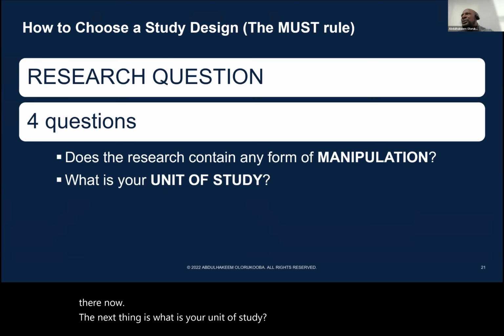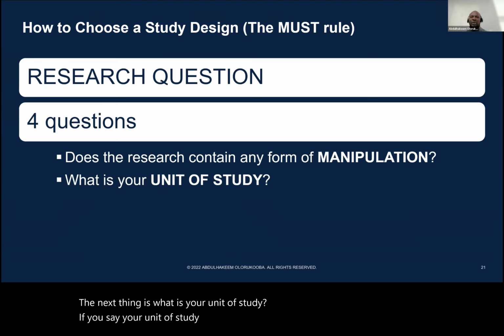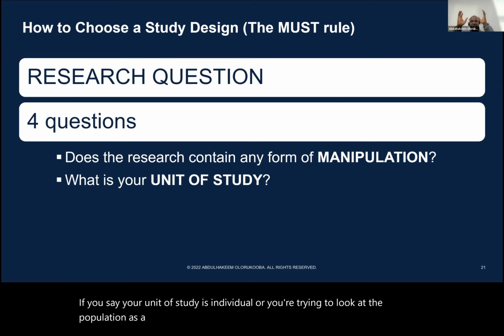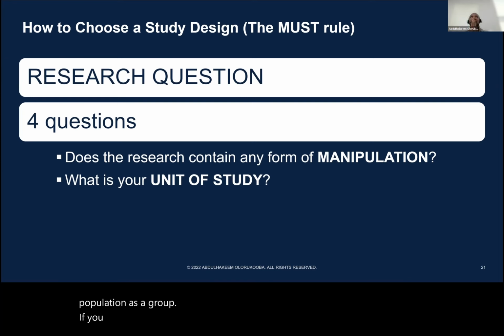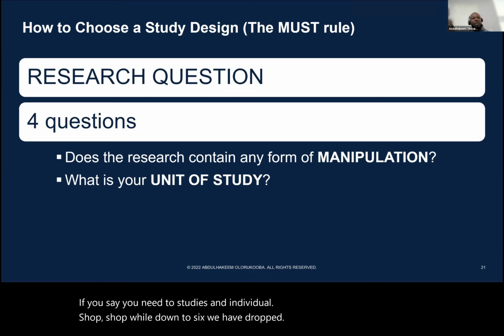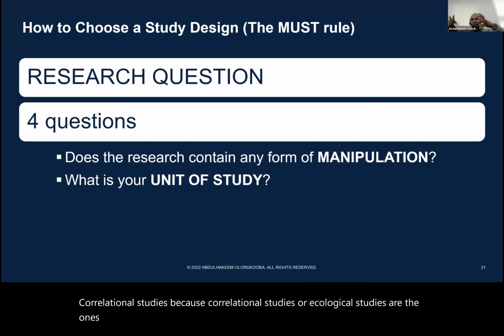If you say your unit of study is an individual, or you are trying to look at a population as a group, if you say your unit of study is an individual, sharp, we're down to 6. We have dropped correlational studies, because correlational studies or ecological studies are the ones that deal with population as a whole. Okay, that's the M.U.S.T, right?